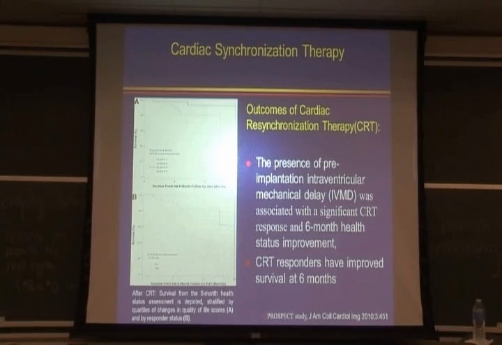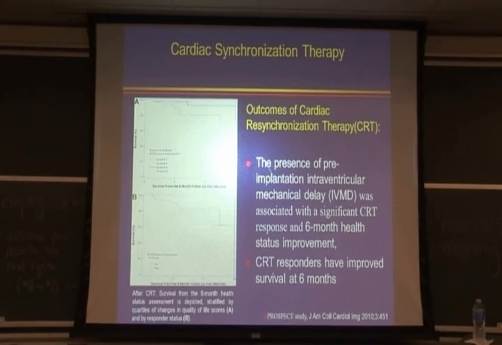Those who were responders, and whose mechanical dyssynchrony became less, moving from the highest quartile to the lowest quartile, their survival also improved. So this is the lowest quartile, and this is the highest quartile. They moved in the time sequence, and they survived significantly better at a mean of 6 months follow-up than those who stayed in the highest quartile.